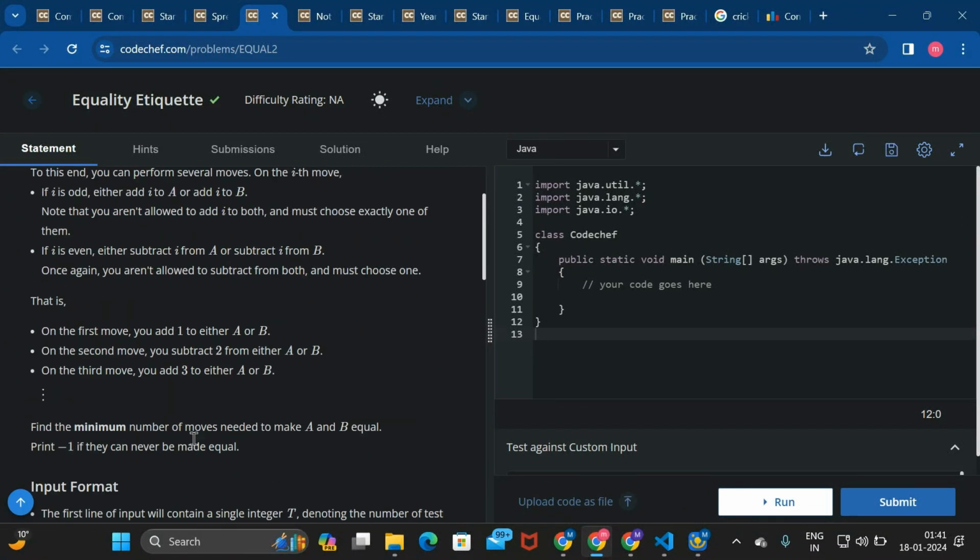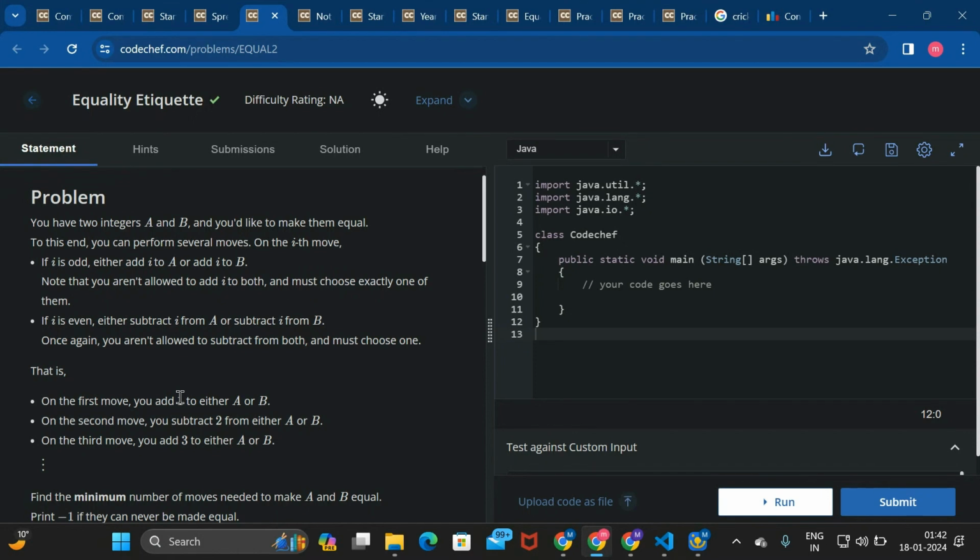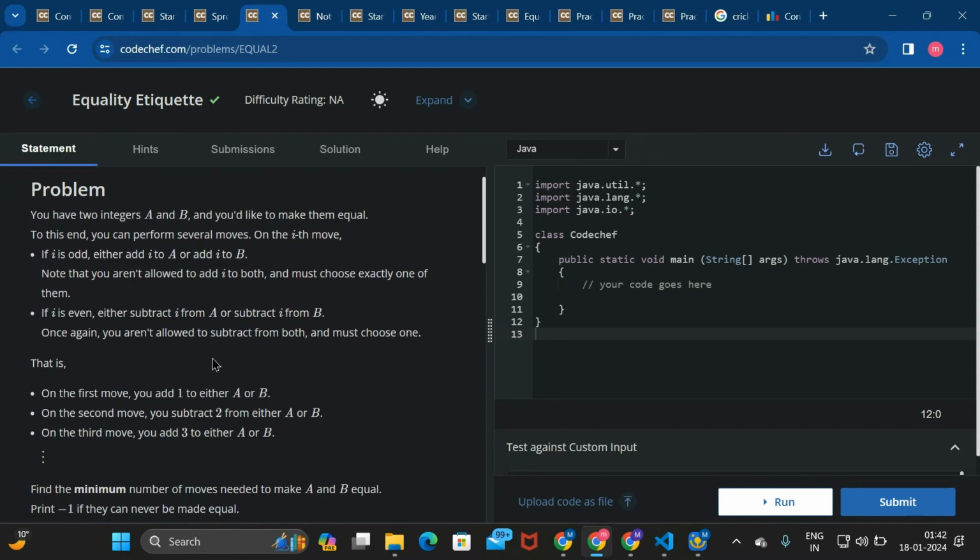So let's understand this question. What is it saying? Basically, this question is saying that we have two integers and we have to make them equal in minimum moves. So what are our moves?